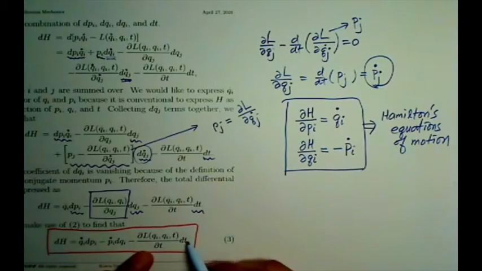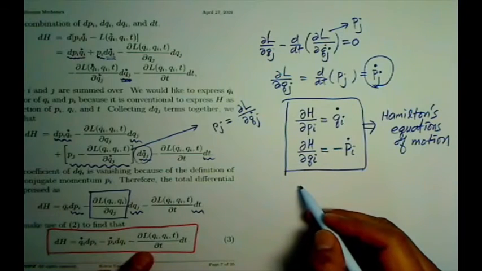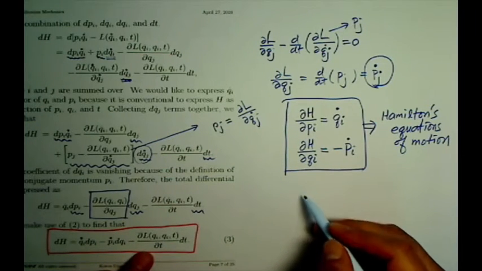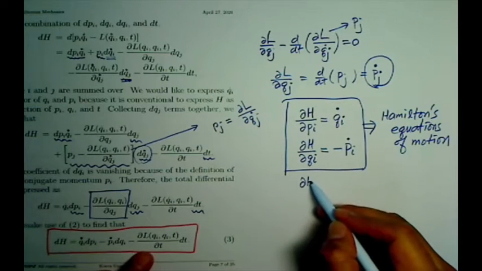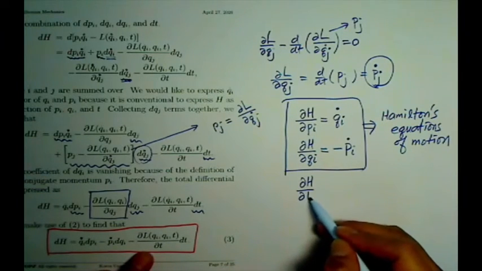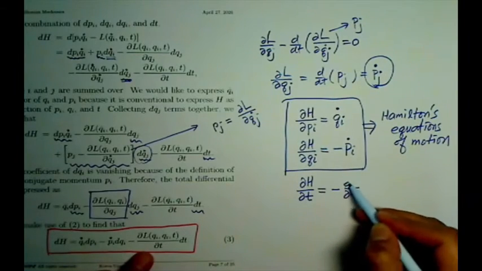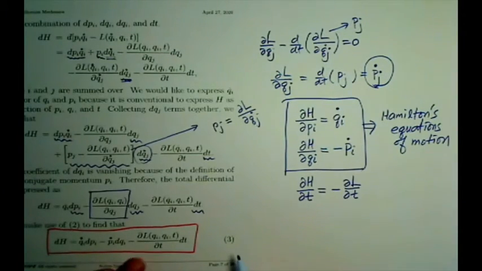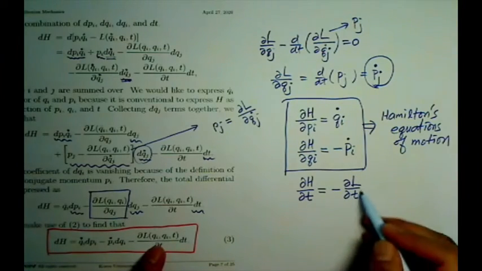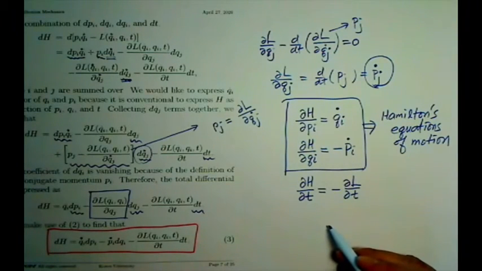And then from here, the partial time derivative of the Hamiltonian is minus the Lagrangian's partial time derivative. And then one more piece.